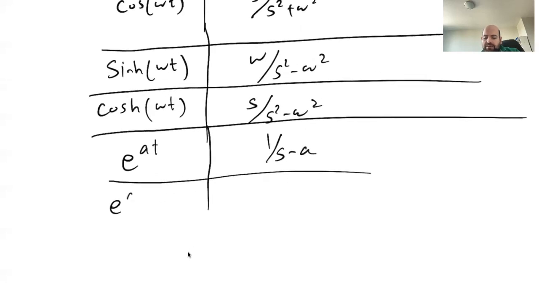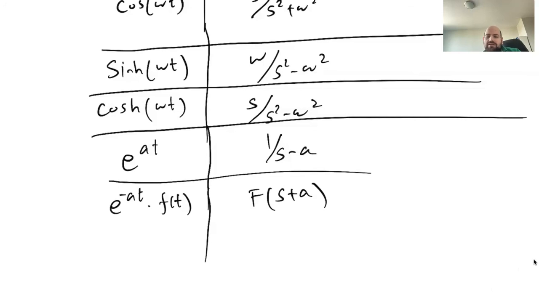For e to power minus at times f of t, it was capital F of s plus a. Or if you want this to be consistent, I can say for e to power at times f of t, I can write it as capital F of s minus a, with capital F of s being the Laplace transform of f of t.